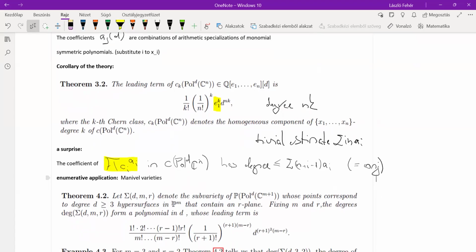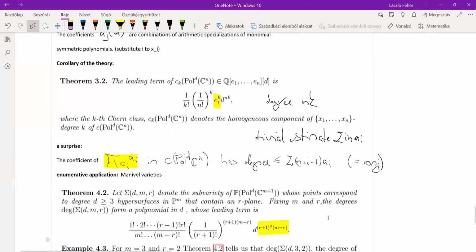And this is the leading term, what you can see here. So maybe I just emphasize the degree of this polynomial. So this is a non-trivial application of this funny calculation of these Chern classes.